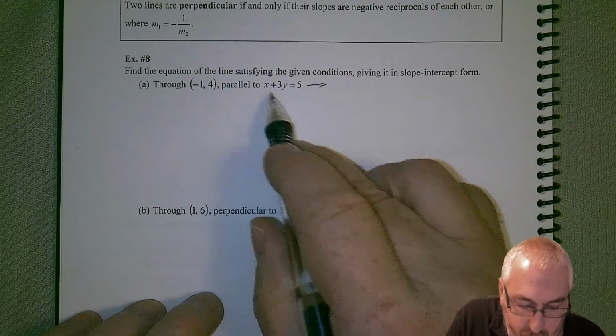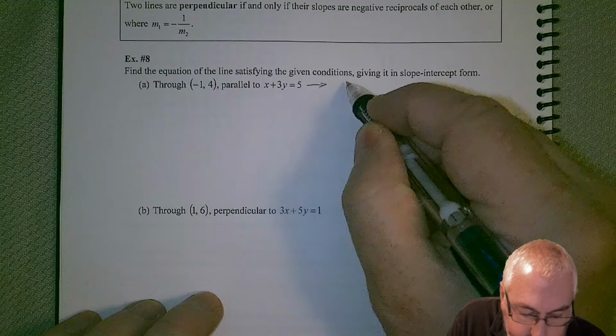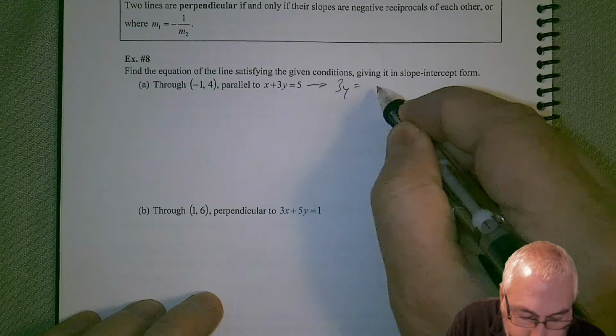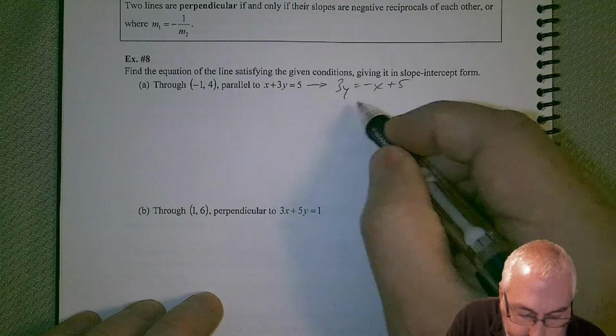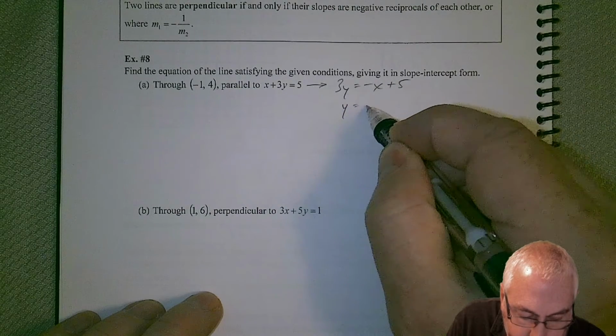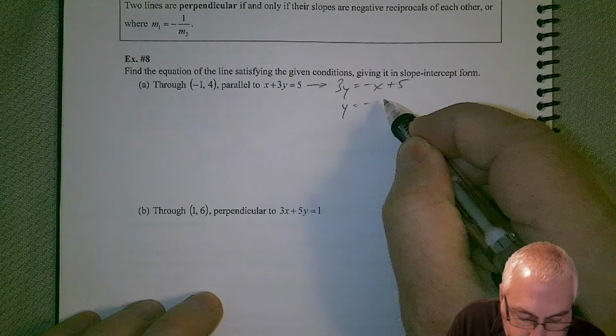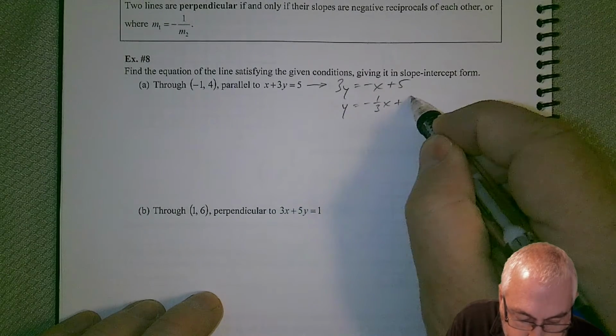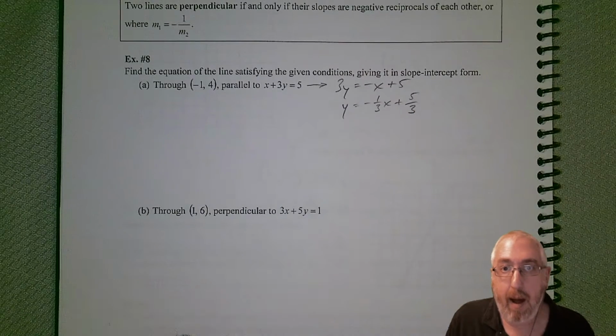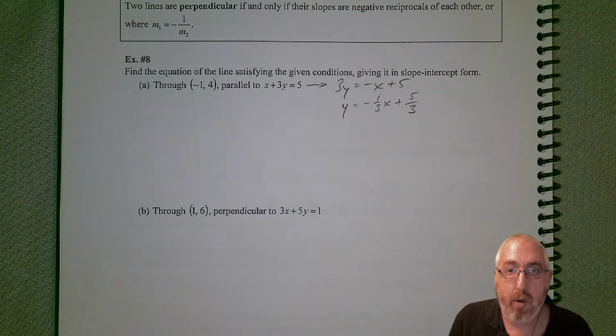So if we move the x over to the other side, 3y equals a negative x plus 5. And then if we divide by 3, we'll get negative 1/3 x plus 5/3.